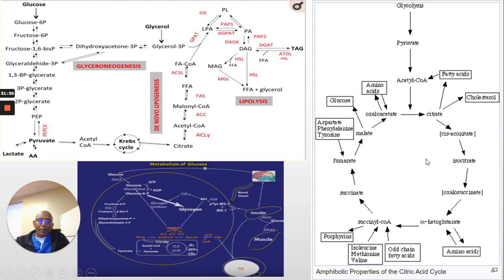The same thing happens here, wherein the citric acid cycle and the lipolysis cycle come together through this common molecule of acetyl CoA.